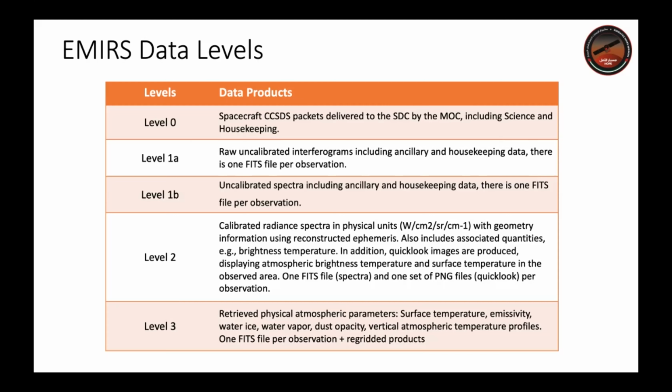Quick look products are produced from this, and we see one FITS file and one set of PNG quick look files per observation. The level 2 products are probably the most useful things that we release at this point. Level 3 are not released yet, but will be after they've gone through our retrieval algorithms to get at the surface temperature, emissivity of the surface, water ice, water vapor, dust opacity, and atmospheric temperature profiles.